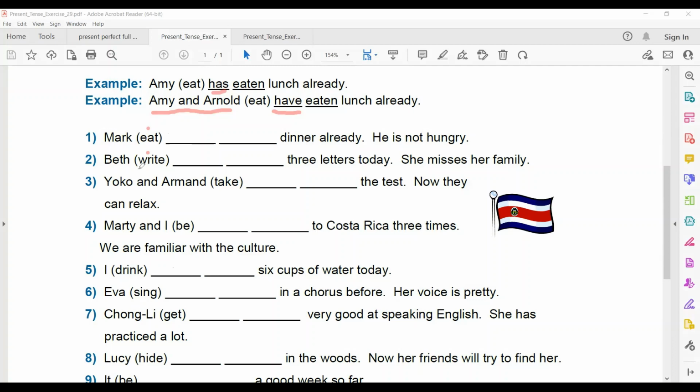Let's look here. Mark eat dinner already. He's not hungry. Of course, I already told you that this exercise is all present perfect, and there is an example of how to make this exercise. So there is a hint for you how to make it.